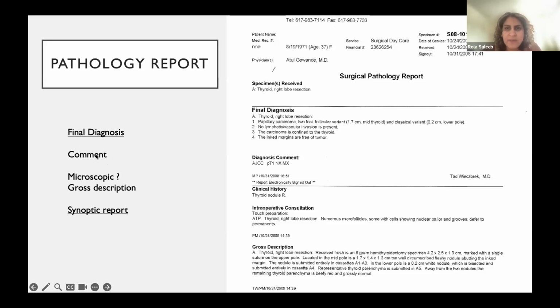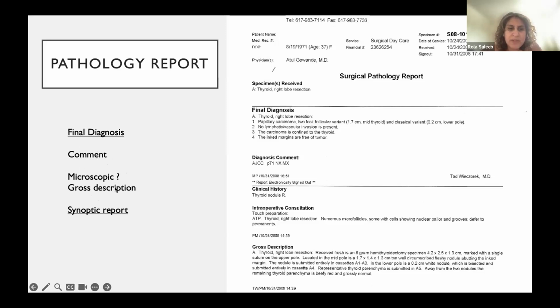If it's a funny cancer, for instance, or a rare cancer, sometimes we communicate in a comment to the surgeons or to the oncologists what we're seeing and why we're seeing it, or what the implications of this cancer are. Microscopic is not always a section we fill because it's a detailed section that only pathologists would understand.